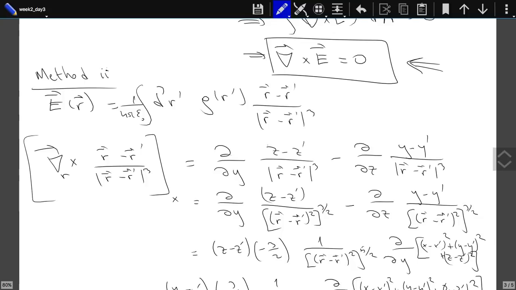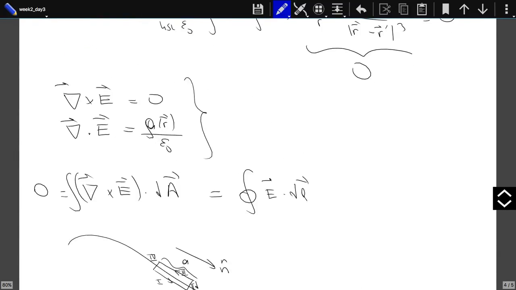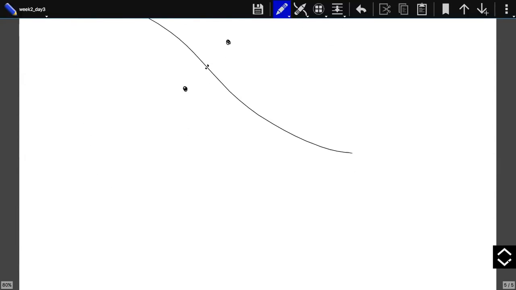For example, when we start studying electrodynamics, we will see that not all electric fields can be written in this form. And since not all electric fields can be written in this form, the curl of not every electric field is 0. But in electrostatics, the curl of every electric field is 0. That is something I should underline.